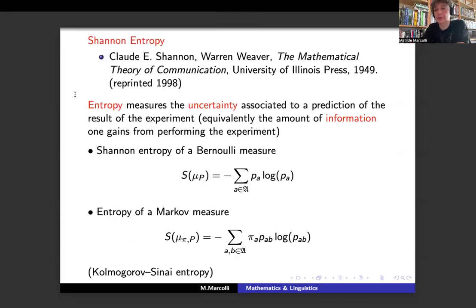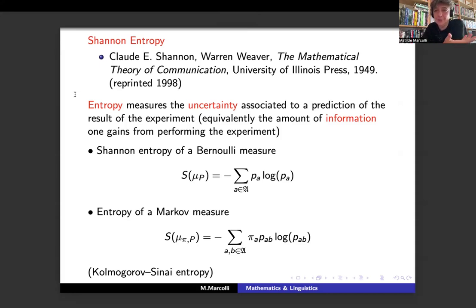Of course, when you talk about probabilities, the natural measures associated to probabilities are entropy measures. And the old development of information and entropy in the 1940s, Shannon entropy, goes back to the main text, Shannon and Weaver, on the mathematical theory of communication.